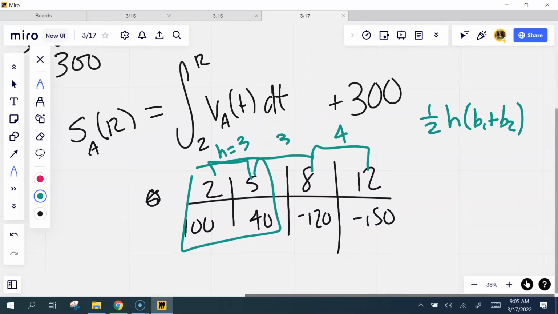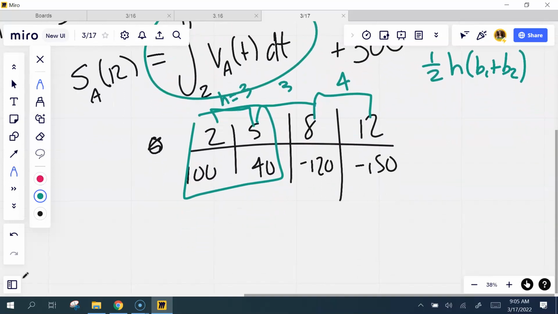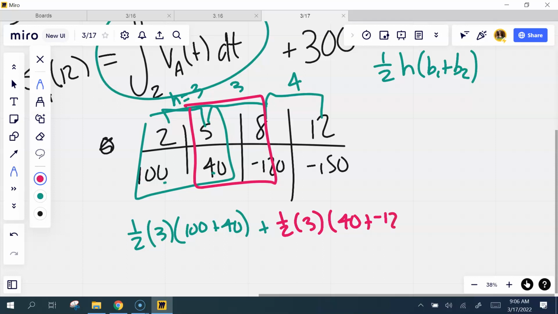Right now I'm evaluating with the trapezoid rule: 1/2 times height times base 1 plus base 2, 100 plus 40. My second trapezoid: 1/2, height is 3, 40 plus negative 20.